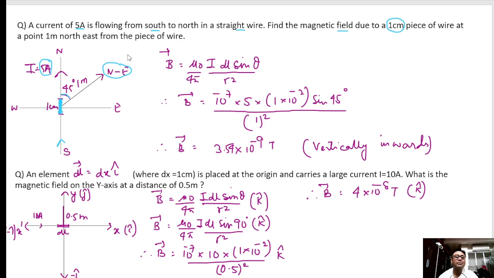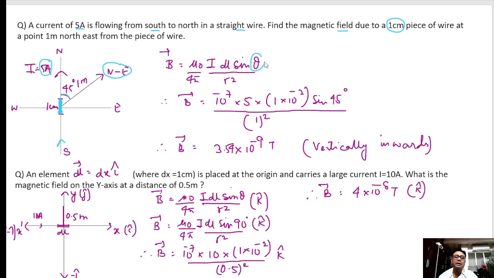We have already seen the formula, so please go through the theory so that you understand. The formula for the magnetic field due to a straight wire carrying current at a distance r is mu0 by 4 pi, I dl sine theta by r square.